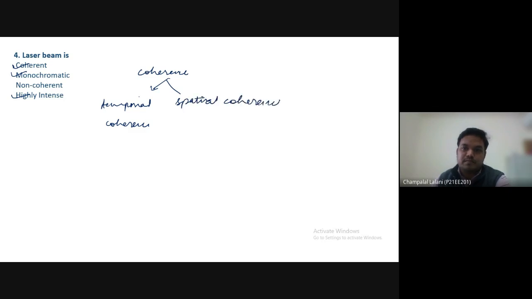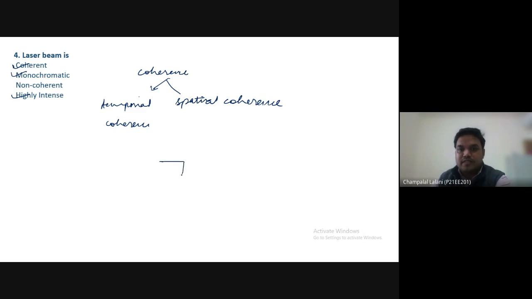So if you see about coherence, it is of two types: temporal coherence and second is spatial coherence. Spatial coherence means it is coherent in the space domain.